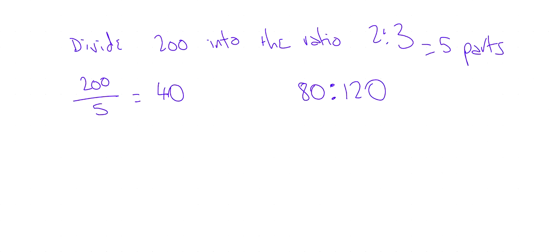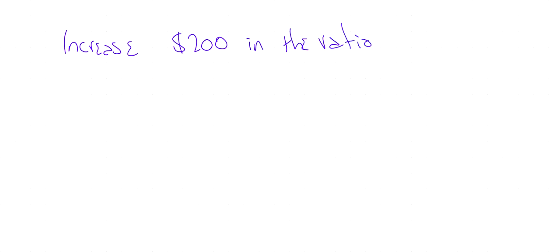Now what we're going to do is the same idea, but we're going to increase and decrease in a particular ratio. So if I do something similar, and I say increase $200 in the ratio 11 to 5.